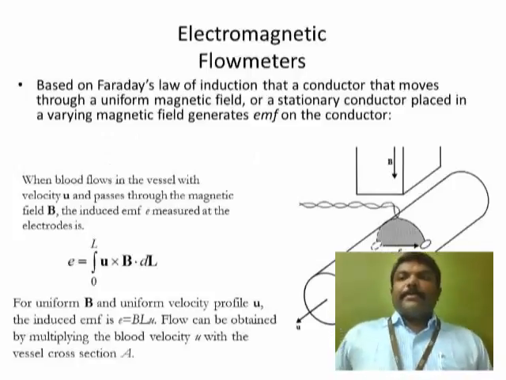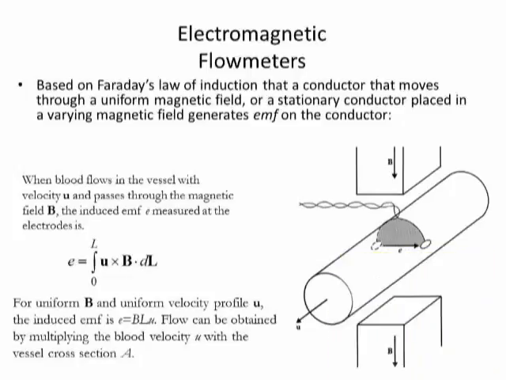The electromagnetic flow meter works on the principle of Faraday's law. Faraday's law says that when a magnetic field is applied on a moving conductor, an EMF is produced. So I have mentioned three things: magnetic field, moving conductor, and EMF.